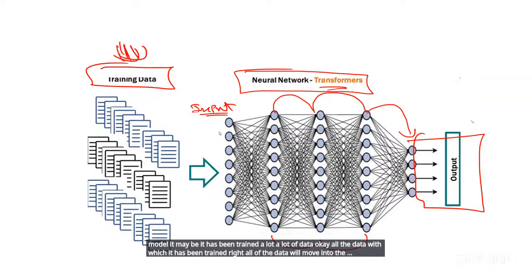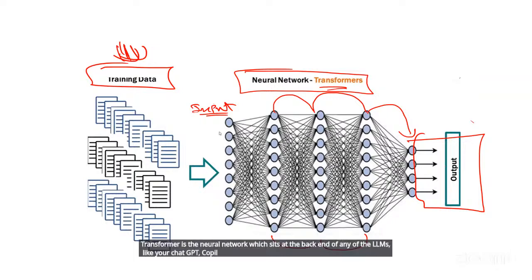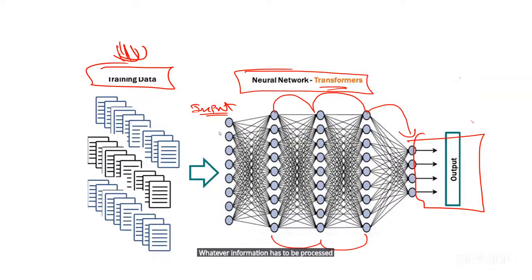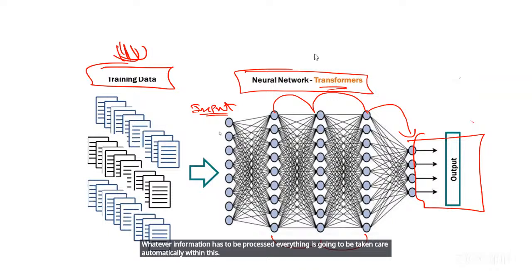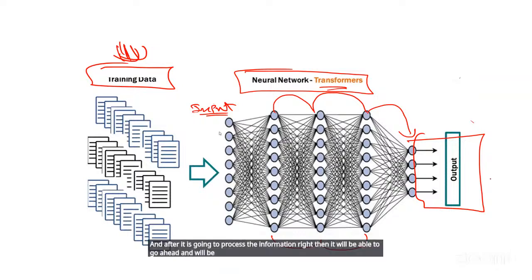Transformer is the neural network which sits at the back end of any of the LLMs, like ChatGPT, Copilot, or Gemini. Ultimately it processes all the information automatically, and after processing, it generates the output for all of you.